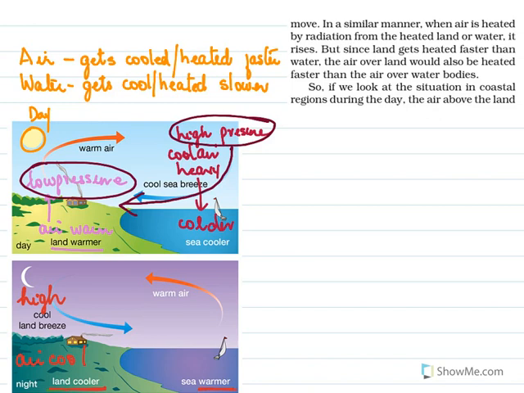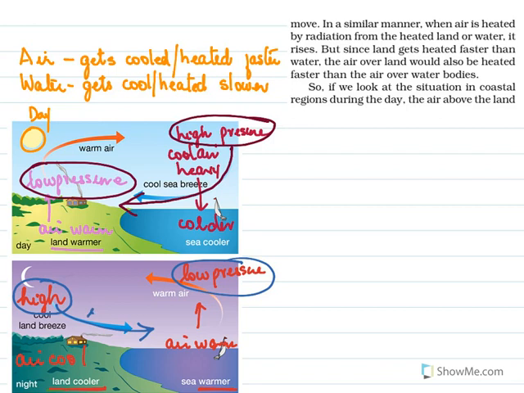So the air is warm, the warm air rises up, so there is low pressure. And now air will move from the high pressure to the low pressure. Now the wind is coming from the land, so these are called the land breezes.